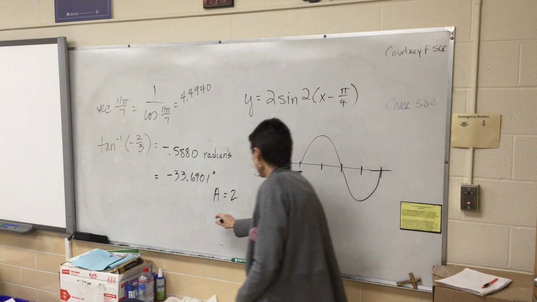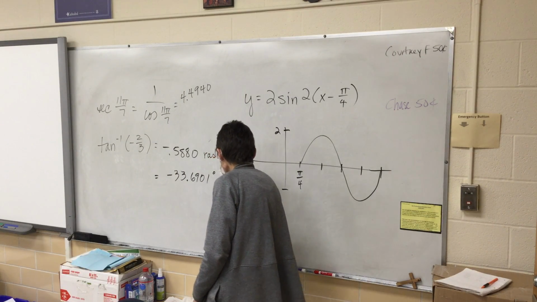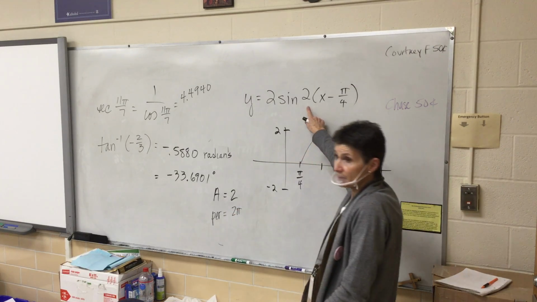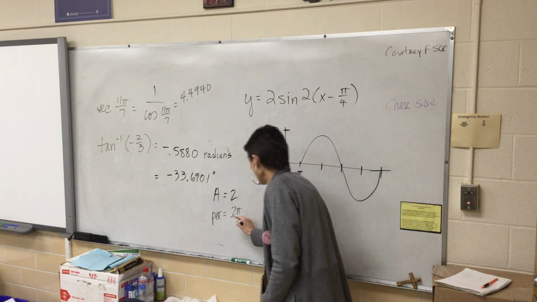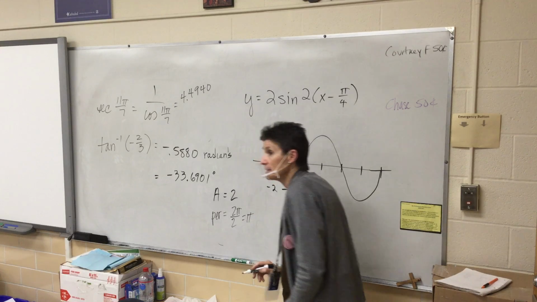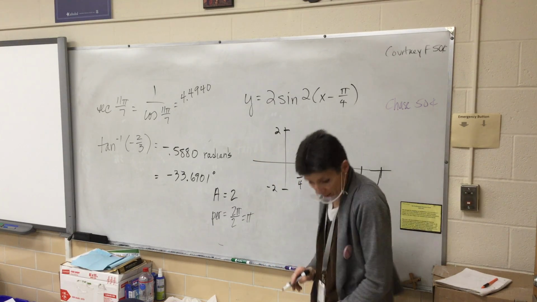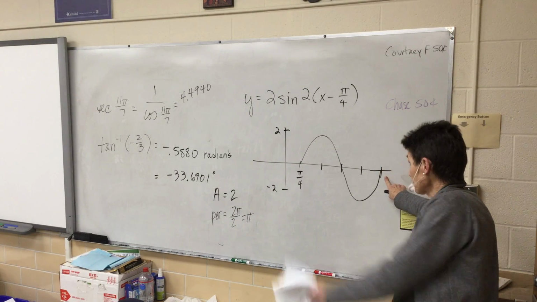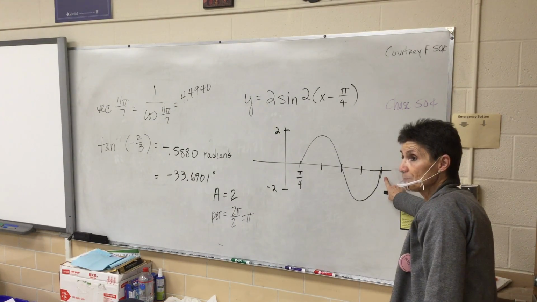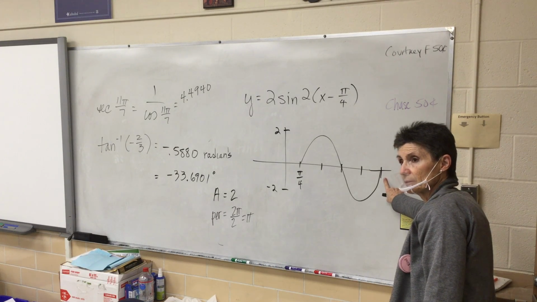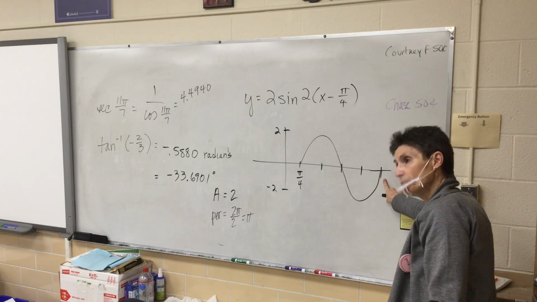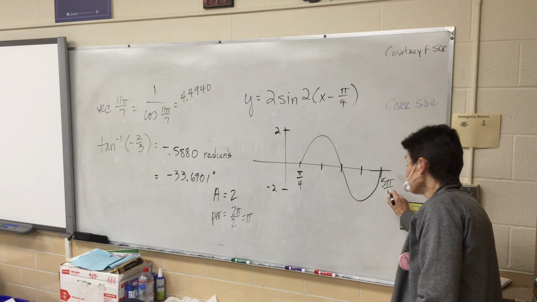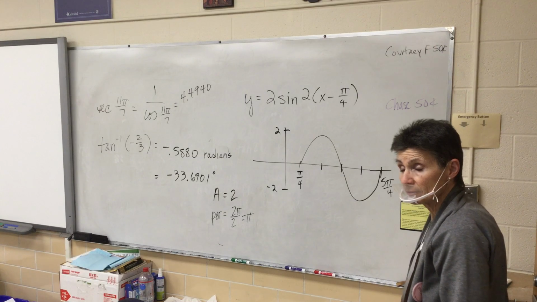Okay, what's my period? I need my period so I can figure out some of these other labels. My period should be 2 pi, but what has happened? We've divided by 2, so now my period is pi, which means that this end label is going to be pi over 4 plus pi. So pi 1/4 plus 1 is 5/4, 1 1/4.